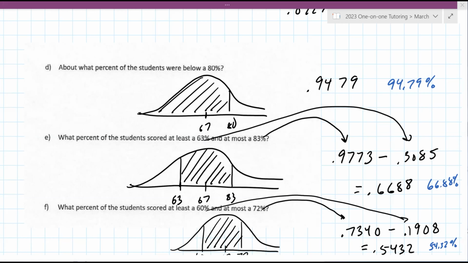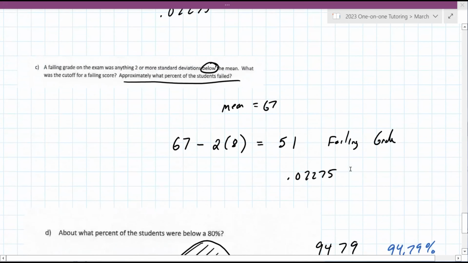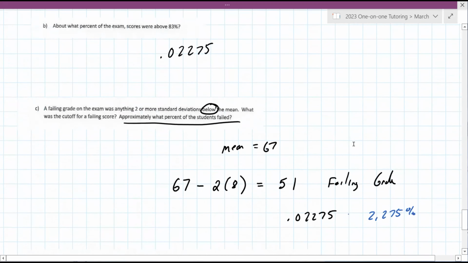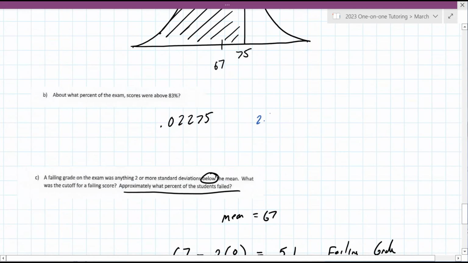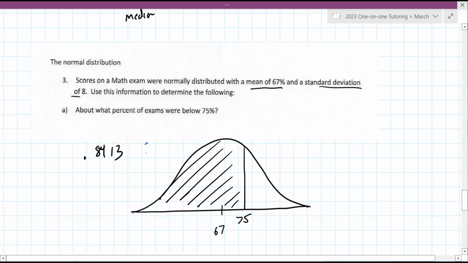Okay, they do ask for percent in all of these, so we're going to go back up and adjust those as well. So this is 2.275%. This is 2.275%. This is 84.13%.